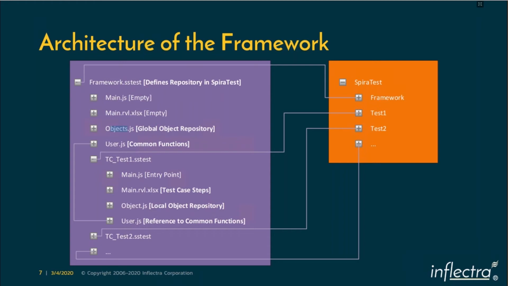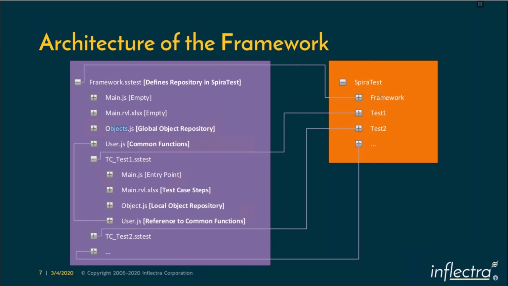And also every test case has its own local object repository and its own test steps implemented in RVL. Every test case in this framework, for example, TC test 1, is linked to a test case in Spira. And the root test is also linked to a test case in Spira. So this is just a brief overview, so don't be scared.